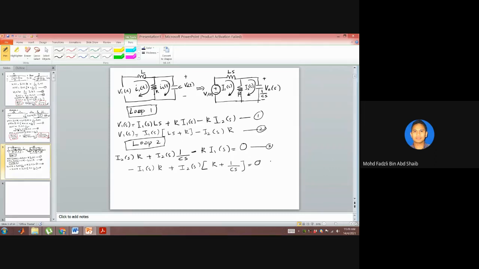So this is equation number 4. Now we need to solve which equations? Equation number 2 and equation number 4, right?